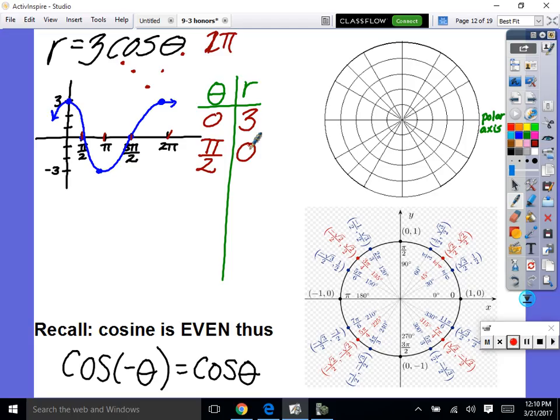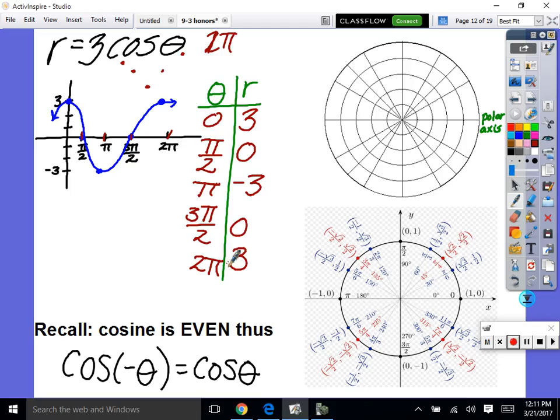The radius is getting smaller, but it's positive, right? Then at pi we're out at -3, which you have to remember what that means. Then at 3 pi halves, we're back to 0, and at 2 pi, we're back out at 3.